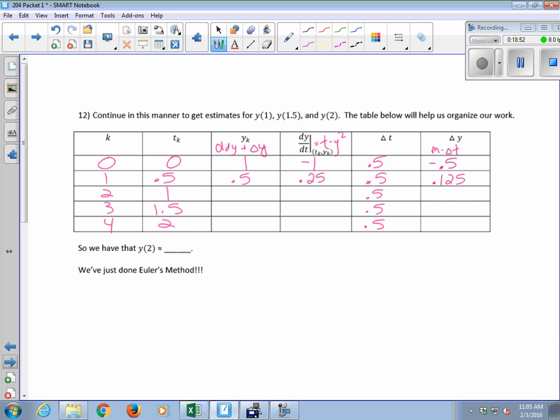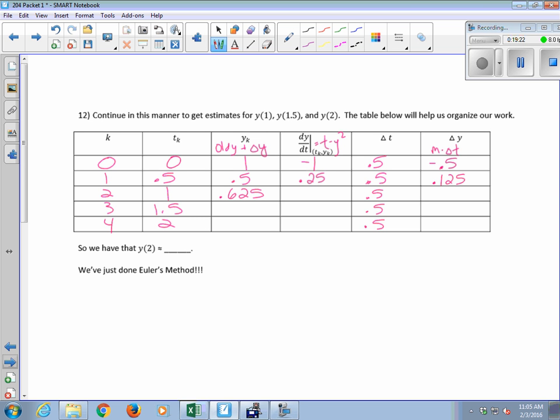And then you can fill in your new y value. Your new y value is your old y value plus your delta y. What your y was plus how it changed. So 0.5 plus 0.125 is 0.625. And now I've got another point that's close to my solution curve. It's supposed to be really close to being on the solution, 1, 0.625.